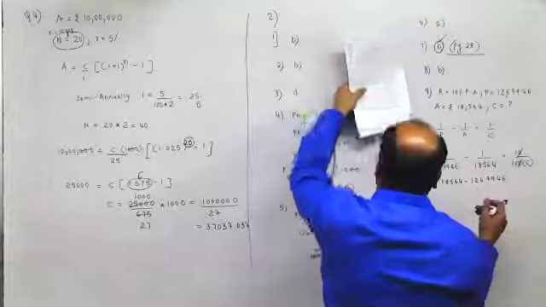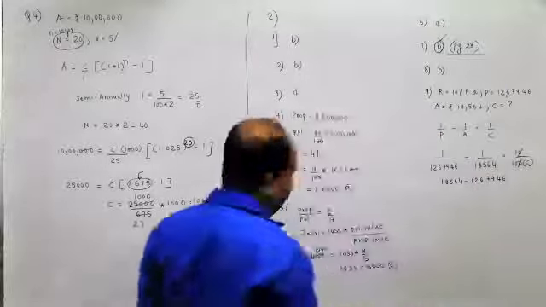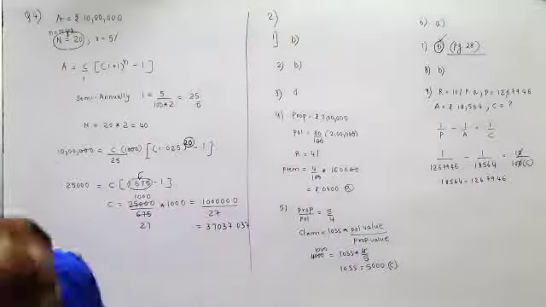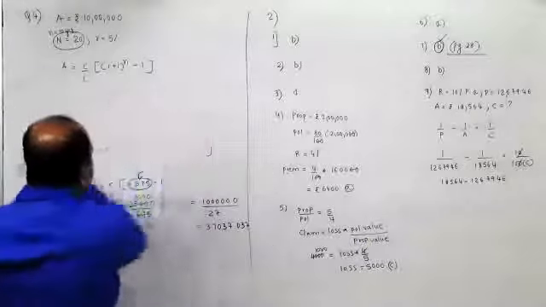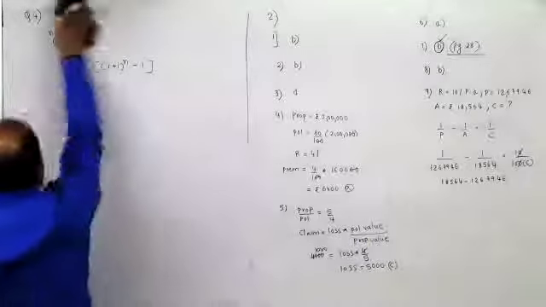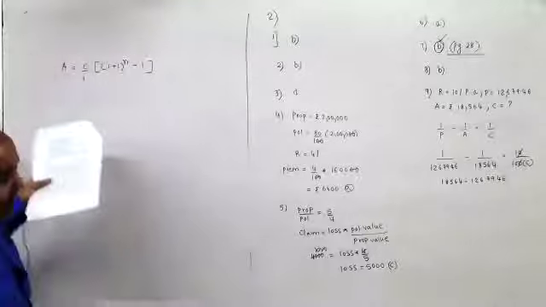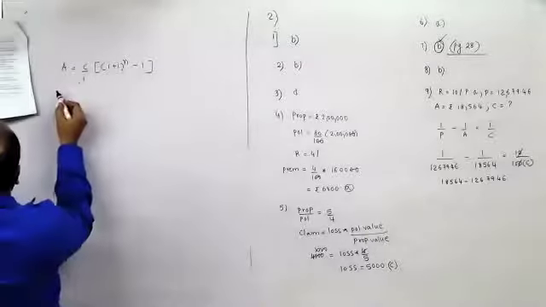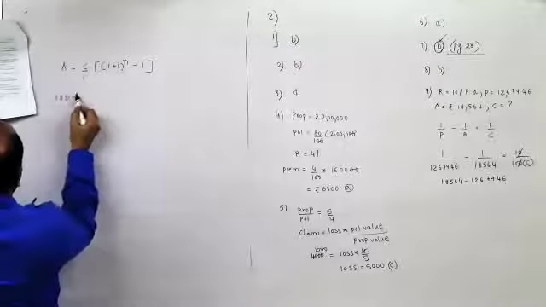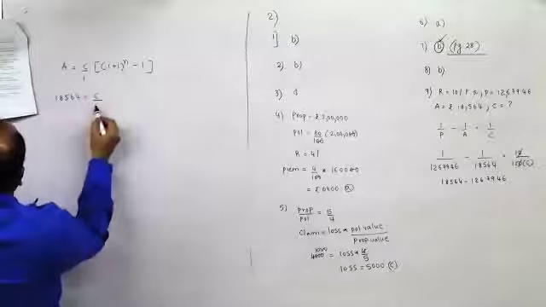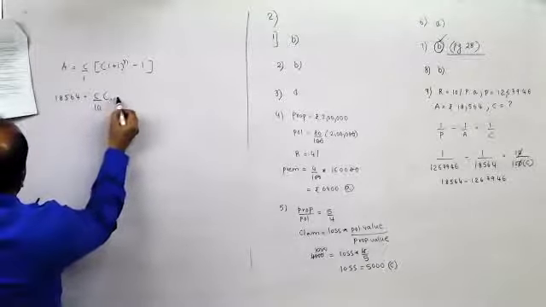Or we can take one of them and see. A is 18564, C upon I is 10 upon 100.